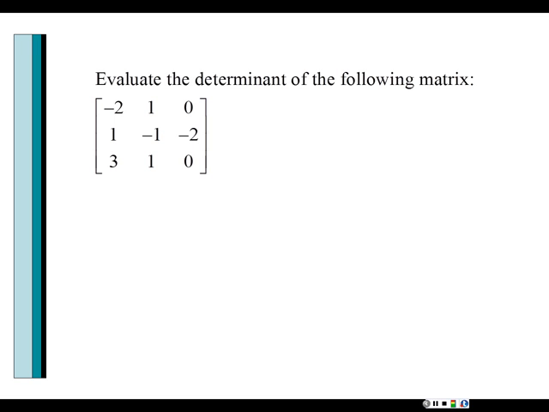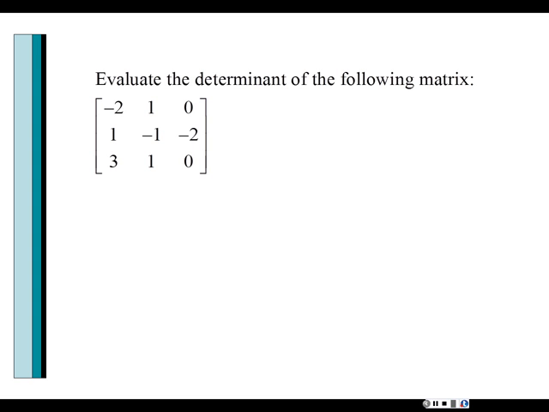I'm just writing everything. 3 times the last one, 1 times negative 2, which is negative 2, minus 0. So here we have negative 2 times positive 2, which is negative 4. This is 0. And this is negative 6. Is this negative 10? Everyone has the same answer. So this is how you find the determinant of a 3 by 3 matrix.